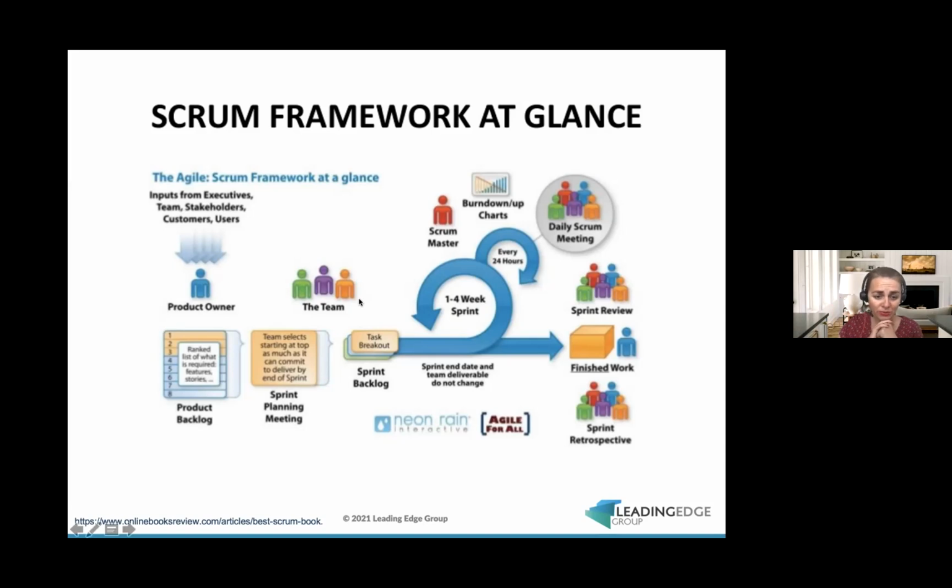Actually, sorry, before sprint planning, a product backlog will be created. It's a list of requirements which are broken into smaller pieces, called user stories, and are prioritized. In the product backlog, at the top is the highest priority, at the bottom is the lowest priority.